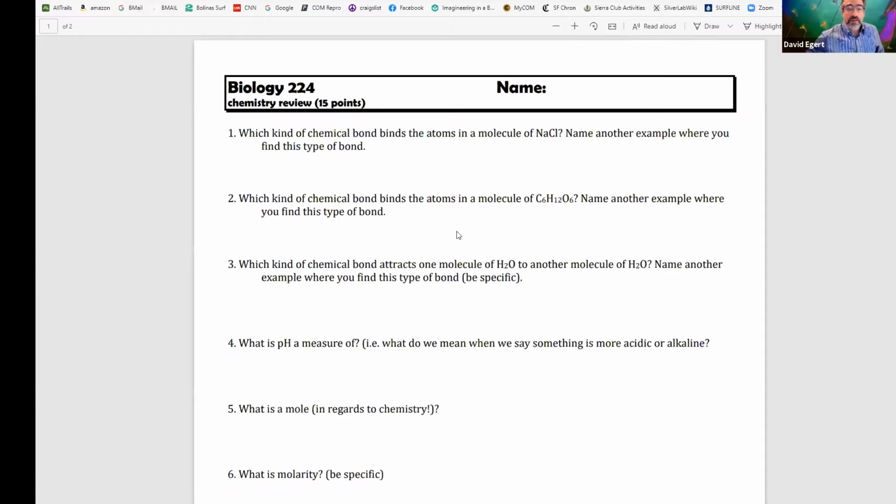So covalent bonds, and what happens to covalently bonded molecules when you put them in water and look at their osmolarity? They do not dissociate, so they stay intact. So any kind of carbohydrate, like sucrose, or pretty much everything that was not NaCl or ammonium chloride in our experiment, is going to be covalent and is not going to dissociate.